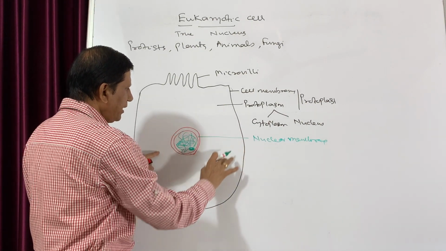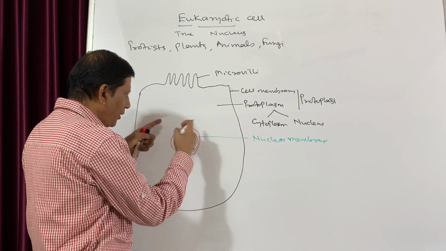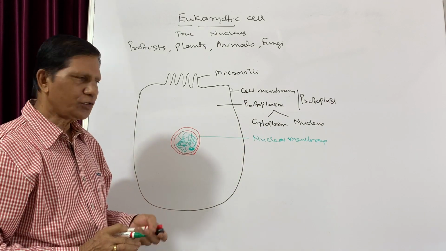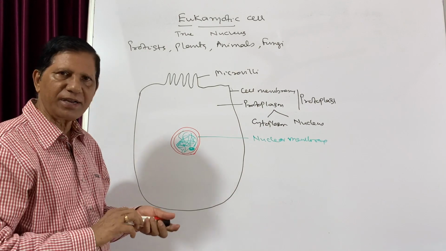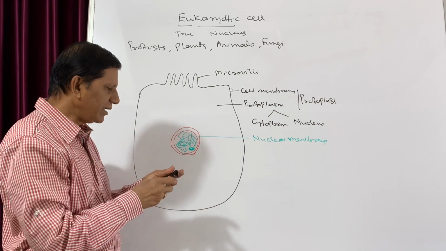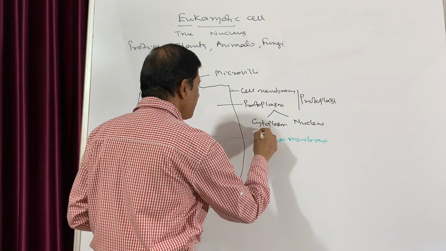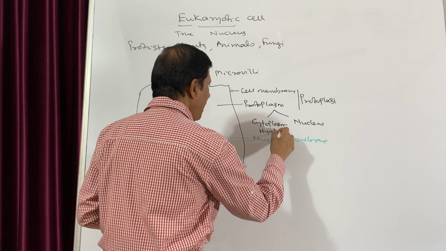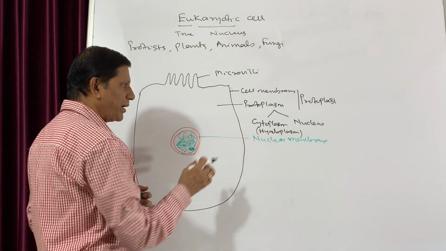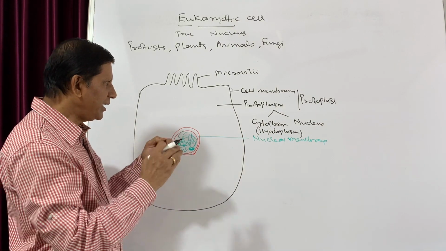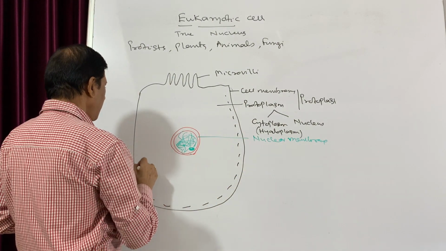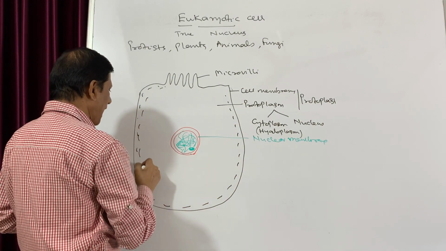Now beyond this nucleus, the protoplasm is known as cytoplasm. The cytoplasm is a fluid matrix, and we can say the cytoplasm is hyaloplasm because it is colorless. In the cytoplasm, the peripheral part is tighter and dense.